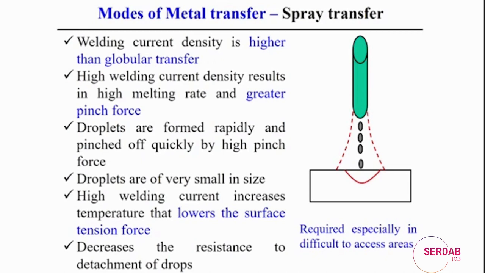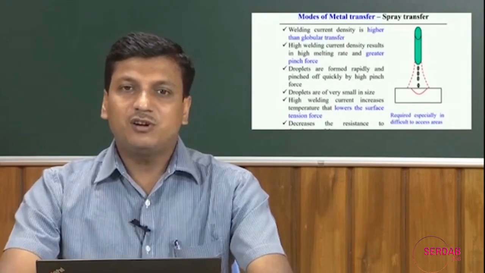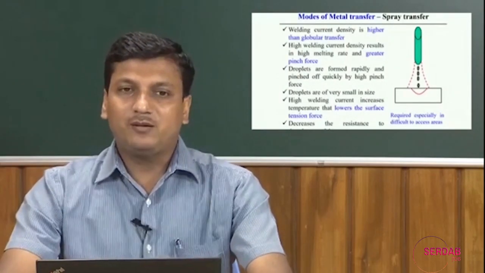Once droplets are formed very rapidly, they also pinch off very quickly, and then become part of the final weld pool. So, obviously, the size of the droplet is definitely less than that of the globular droplet in this case.